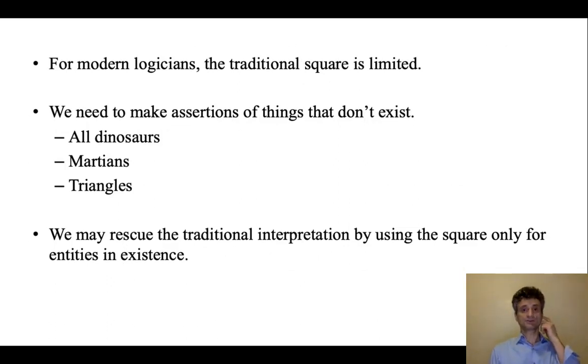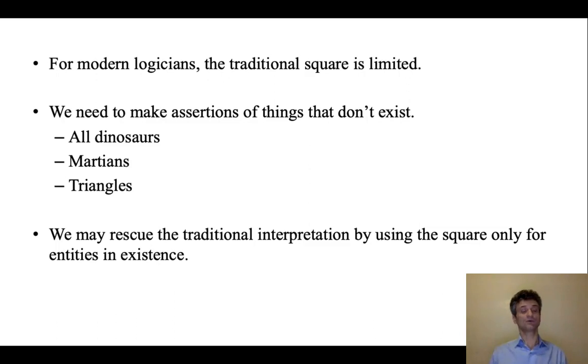For modern logicians, as I said, the traditional square of opposition is problematic because it is, first of all, limited to certain statements, namely to statements that involve things that really exist.